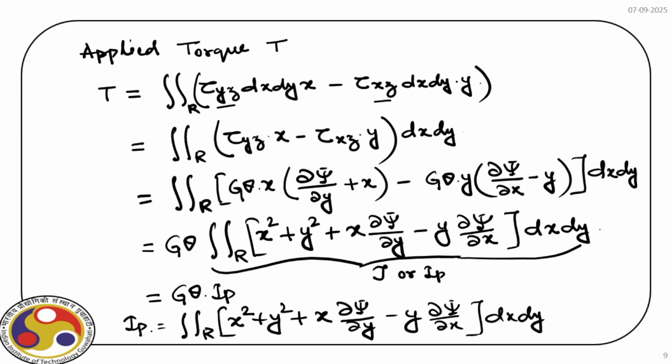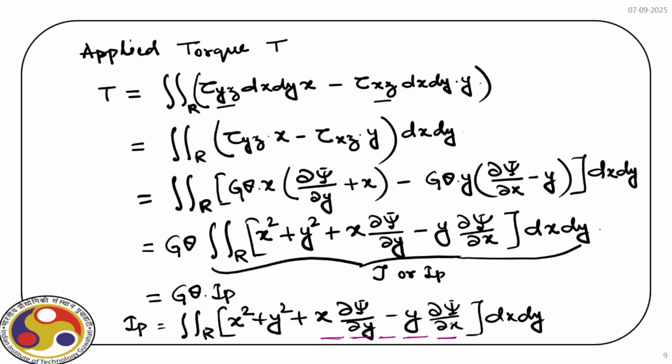Now, the important thing to be noted here is that if we have no warping, obviously these two components will vanish and we'll be left with double integral of x square plus y square dx dy, which is the polar moment of inertia if you do not have any warping. So if you have any arbitrary function, now we can find out the polar moment of inertia where we'll have these correction terms, as you can see, due to warping of the section, right?